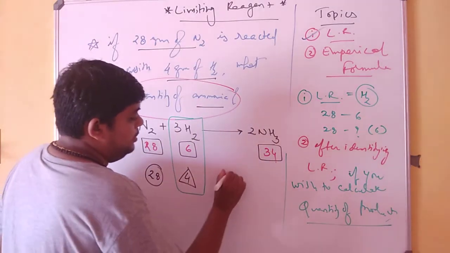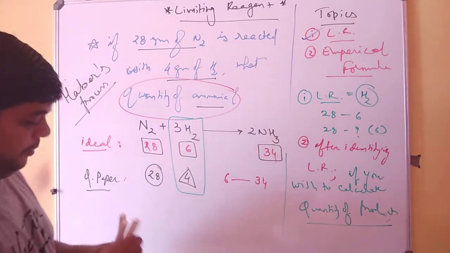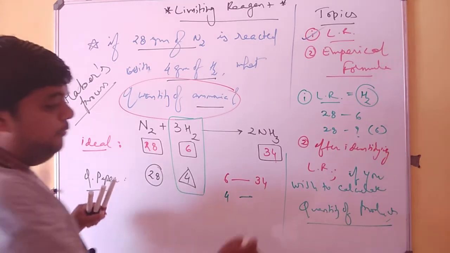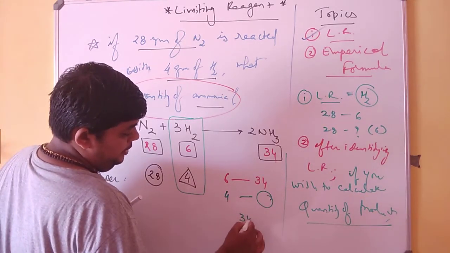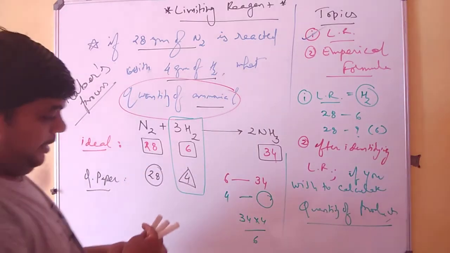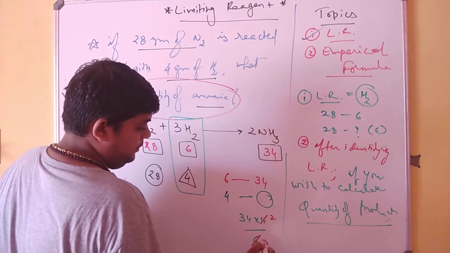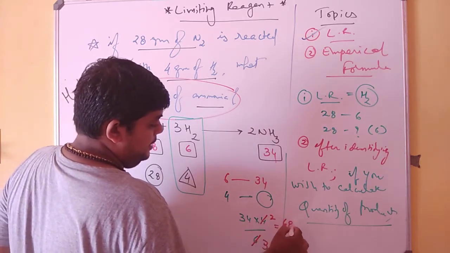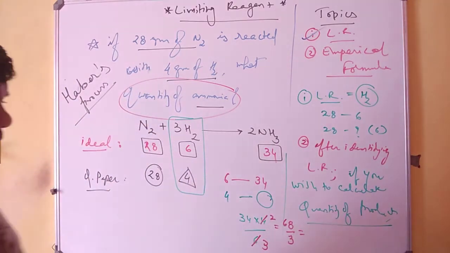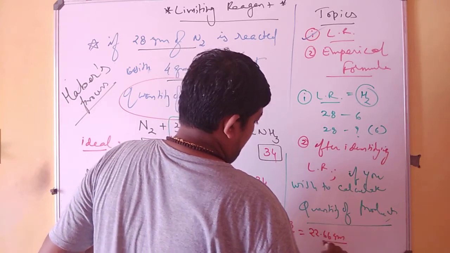So for every 6 gram of H2 we get 34 gram of ammonia. So for every 4 gram of H2, how much ammonia would we obtain? So it is 34 into 4 divided by 6. When I solve this, it is 68 divided by 3. So I'll end up somewhere around 22.66 gram.